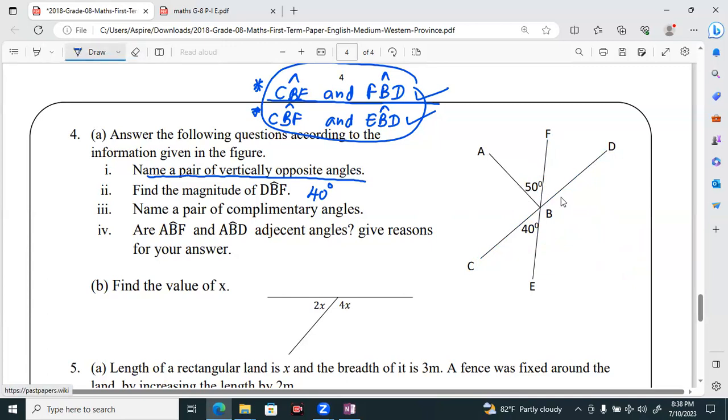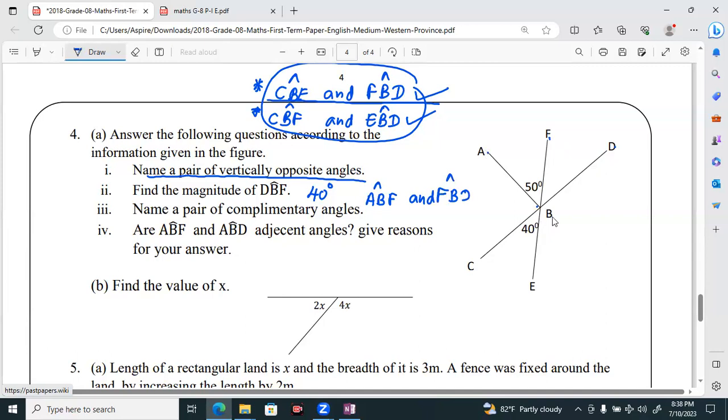Then ABF, if we add FBD, then FBD and ABF are complementary angles because the sum is equal to 90 degrees. Then you can write angle ABF and angle FBD.